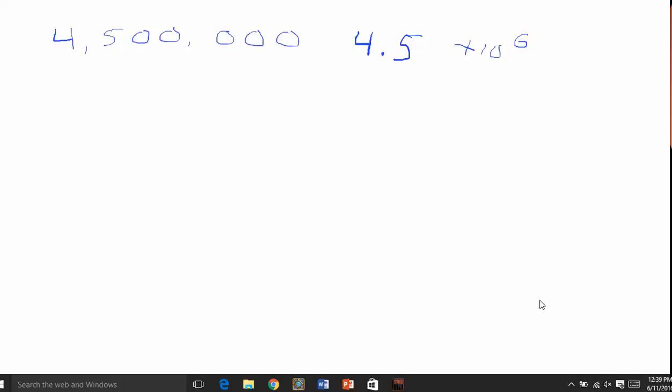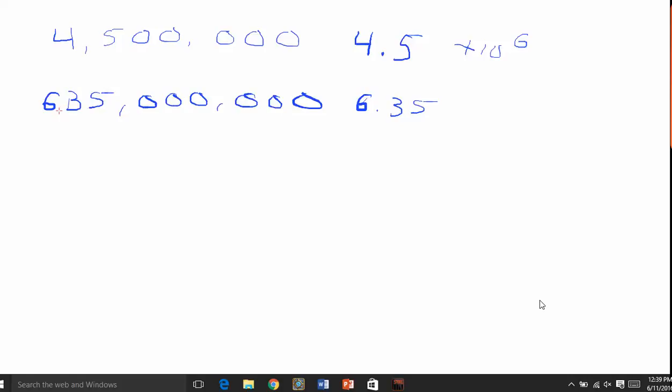If I have another example here, so let's say 635 million. Here I have 3 digits that aren't 0. I'm going to keep all 3 of those. I'm going to put a decimal right there. That's 6.35.